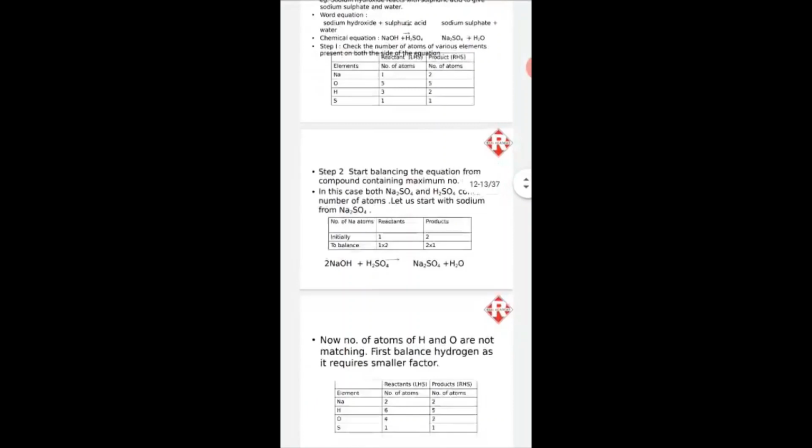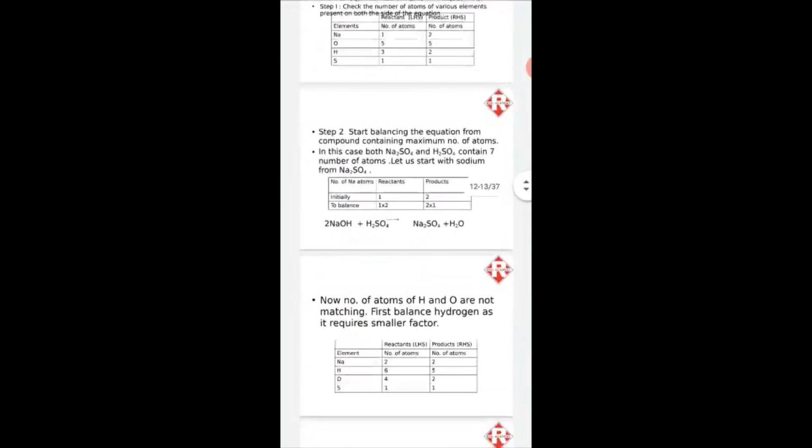Now in step 2, we start balancing the equation. Start balancing the equation from the compound containing the maximum number of atoms. So in this case, that is sodium sulfate and sulfuric acid, where sulfate radicals are present.